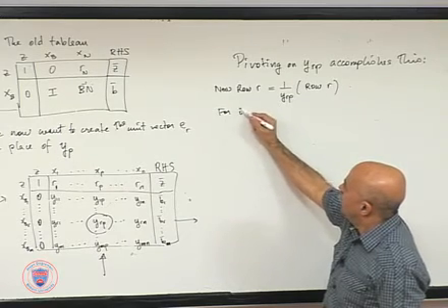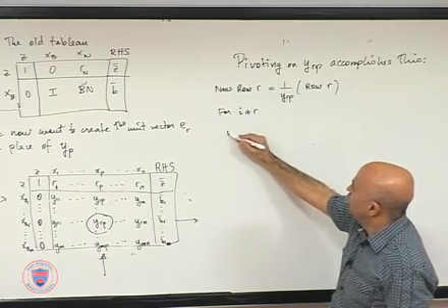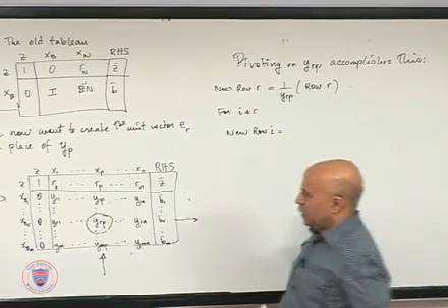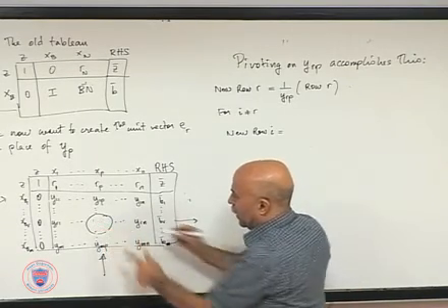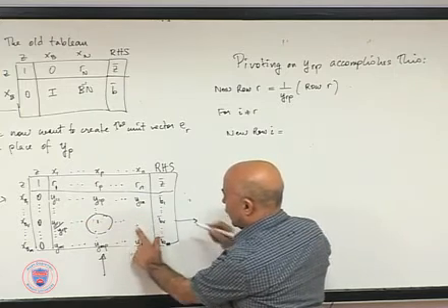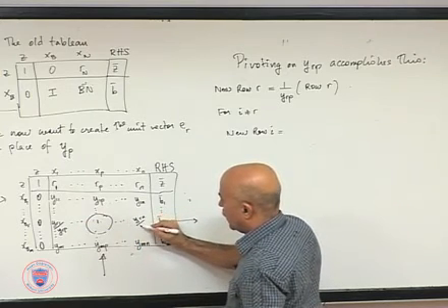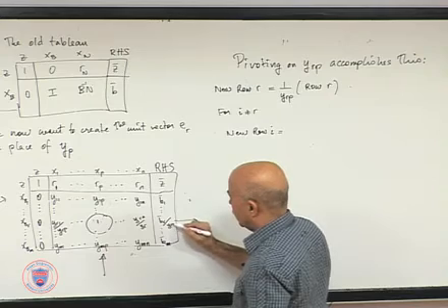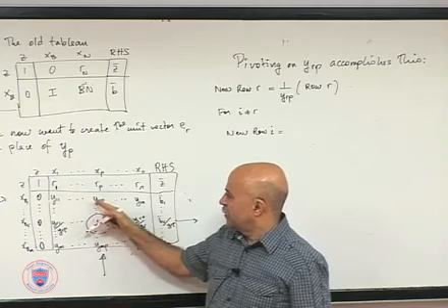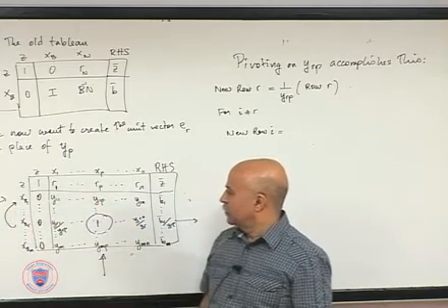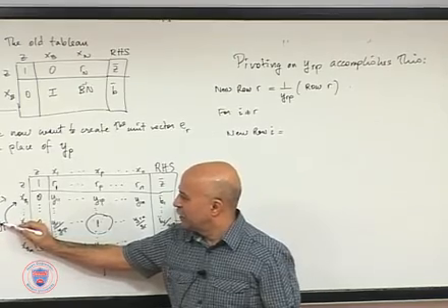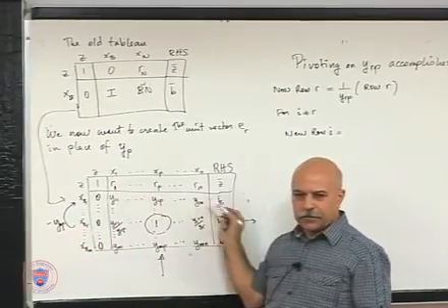For I other than R, new row I is going to be, now that you have a 1 here after the division, of course these are all divided by the same number. This one also. Now that you obtain the 1 here, to create a 0 here, what do you do? You multiply this by minus Y1P and add it to that row. Okay?